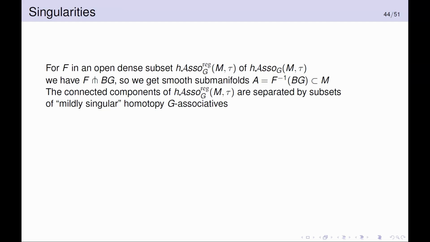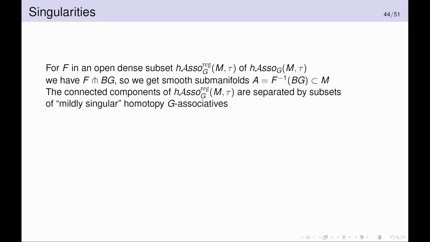And this is a dense subspace, but it could be disconnected, and the various connected components would then be separated, hopefully, by sets where we can pass through mildly singular homotopy G associatives from one connected component to the next.